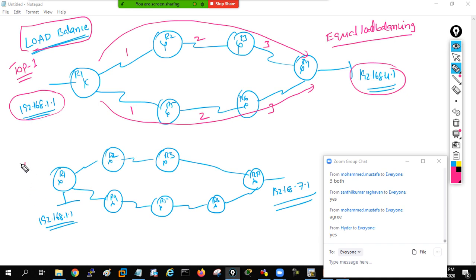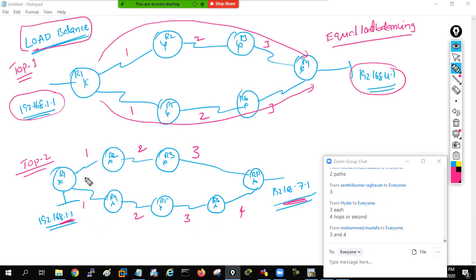Here in topology number 2, to reach from 1.1 to 7.1, how many paths are there? Again 2 paths, but for the first route, 1, 2, 3, that is 3 hops. And the second route, 1, 2, 3 and 4. Right, guys?